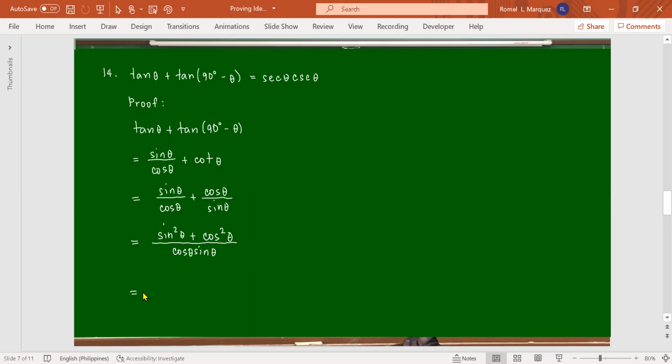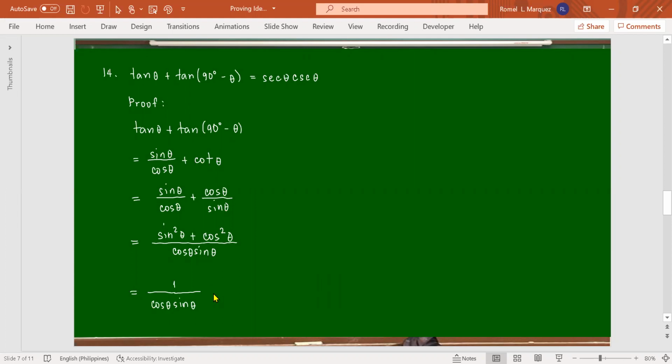The numerator is famous, no? As famous as Sir Isaac Newton. So this is equal to 1. Denominator, cosine theta times sine theta.